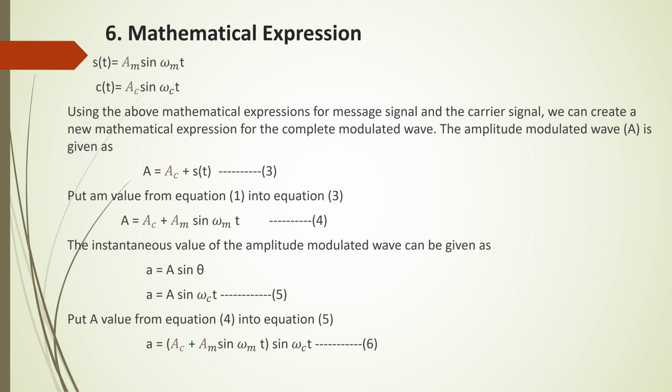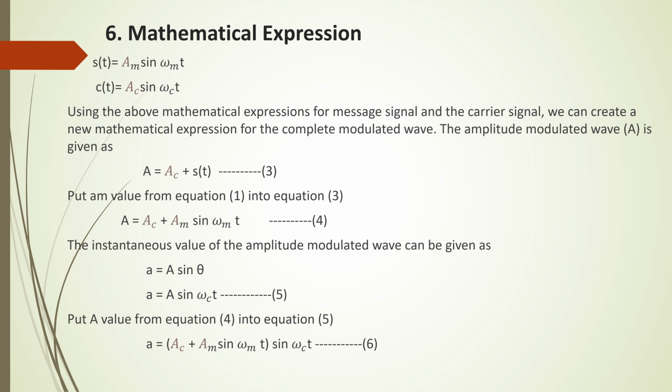Mathematical expression. Message signal s(t) = Am sin omega m t, carrier signal c(t) = Ac sin omega c t. Using the above expressions for the message and carrier signals, we can create a new expression for the complete modulated wave.